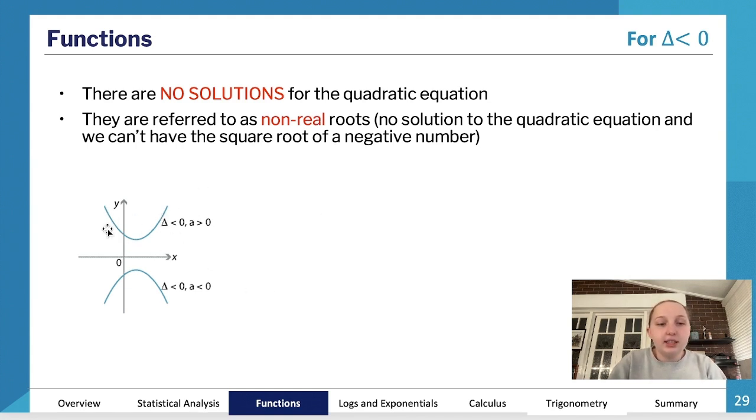So when you're looking at this, you're going to have no x-intercepts, because no solutions means no x-intercepts. Okay, so graphs that look something like this, or maybe they'll sit like here and just never touch the x-axis. You never really know. So, that's how you use your discriminant.